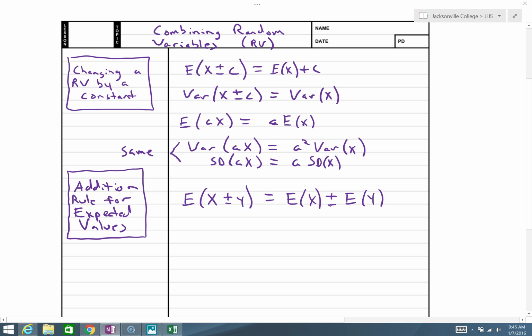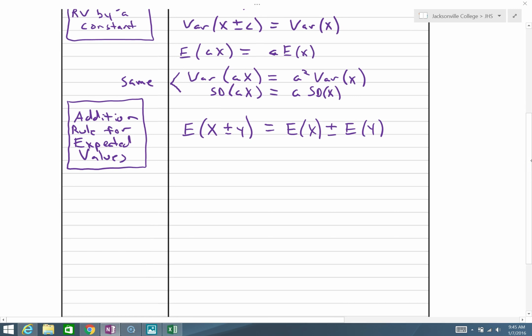Now, the variances are going to behave a little bit differently. Addition rule for variances.